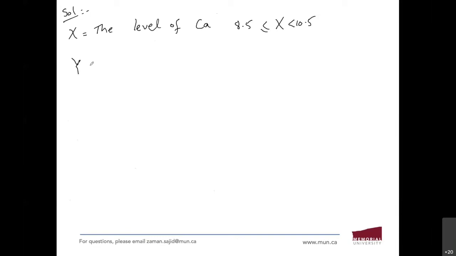And y is the level of sugar. From our question statement, we know this y lies between 120 and 240.